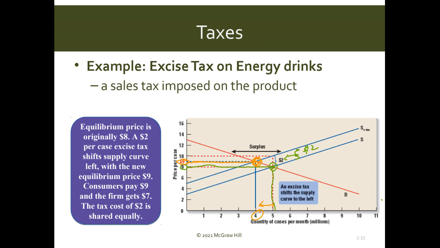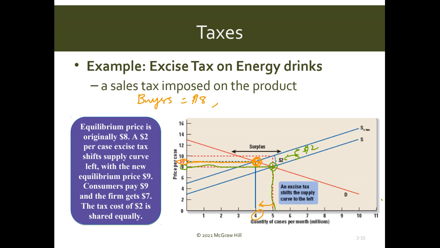Now examine this side. So I'm first talking about the buyers' side. From the buyer side, let me write here so that you know: buyers. Initially, buyers were paying $8, the initial original equilibrium price. They were paying $8. Sellers were receiving $8.